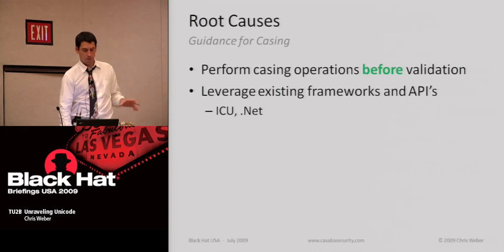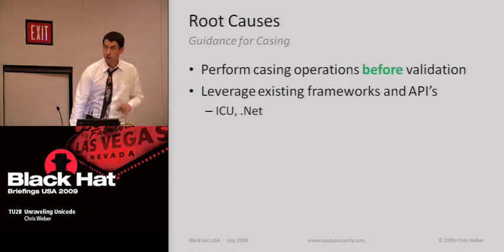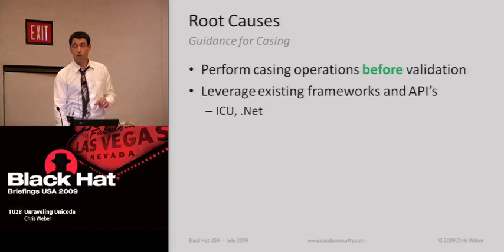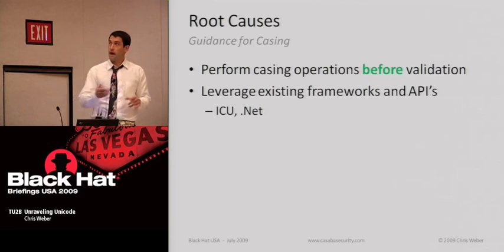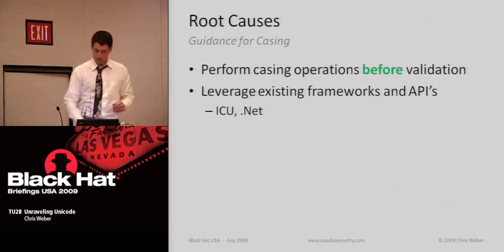One of the general themes for guidance is to perform casing operations and most operations, normalization, before validation, but there's also cases where you might need to perform validation before you actually deal with these characters too.